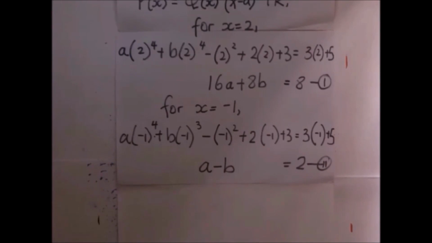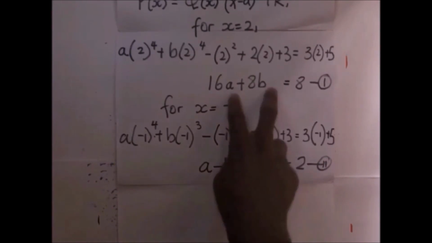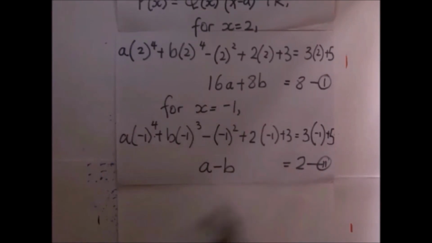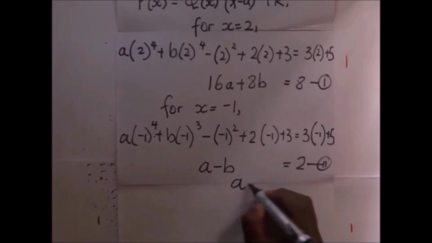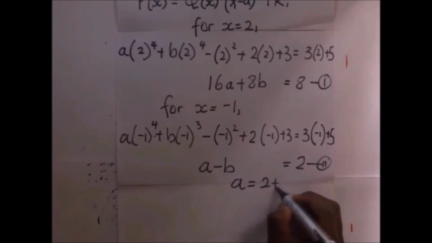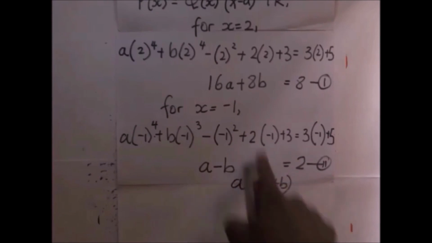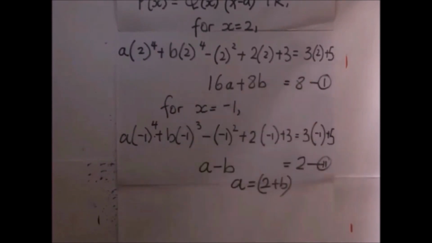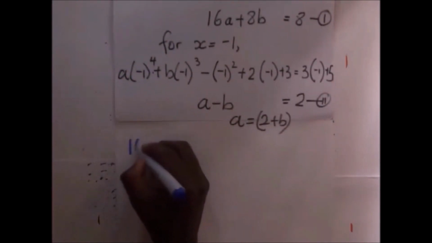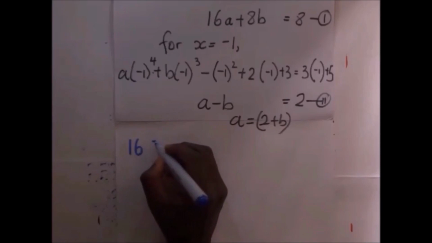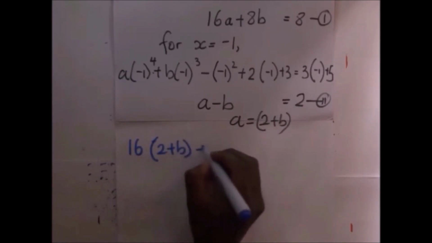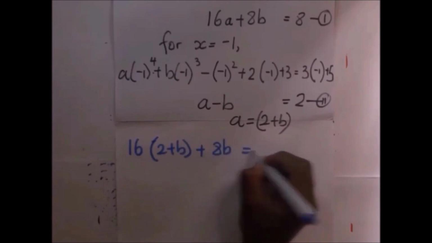So we shall solve those two equations simultaneously, most easily by substitution. So we shall substitute the value of a here. If we make a the subject of the formula here, a will be equal to 2 plus b. So we substitute for the value of a in this expression, so it's going to mean 16 into a, which is 2 plus b, plus 8b is equal to 8.